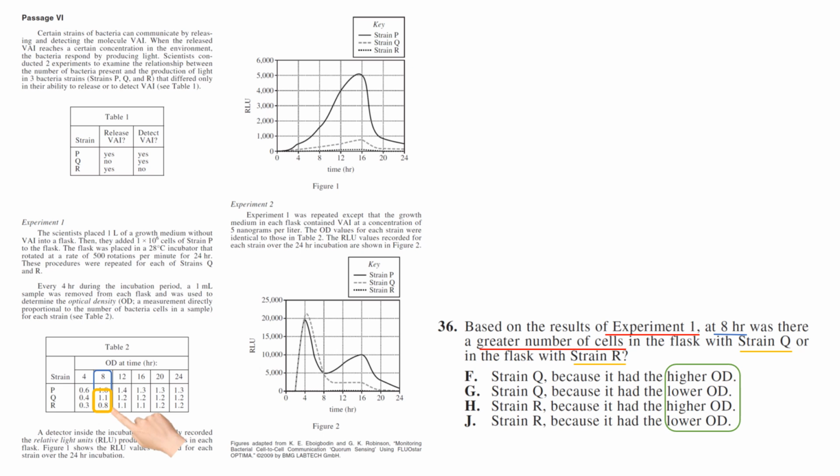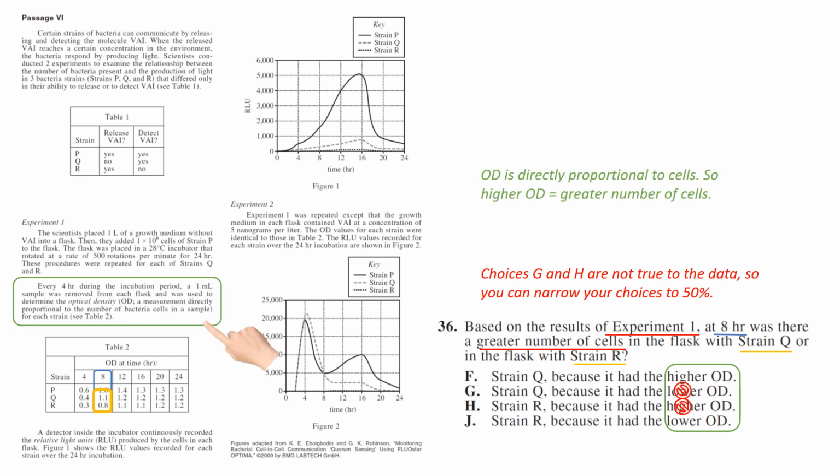Q has 1.1, R has 0.8. We can eliminate choices G and H because it's not true to the data. Q has a higher content, R has a lower content. If nothing else, you have a 50-50 chance. Then we have to go to the reading to see that OD is directly proportional to cells. So higher OD equals a greater number of cells. Q has a higher OD, so it has a greater number of cells. So your answer is F.